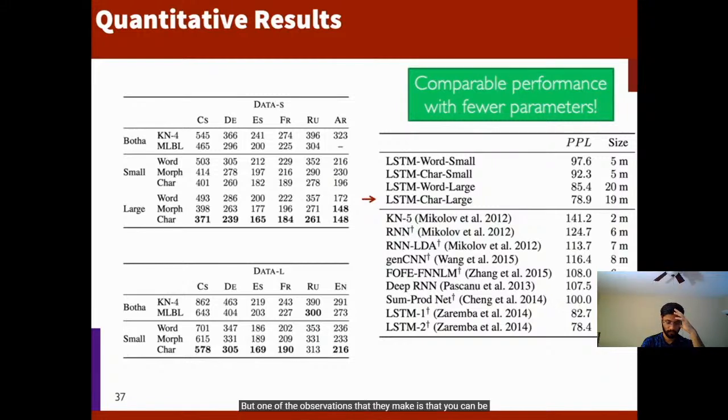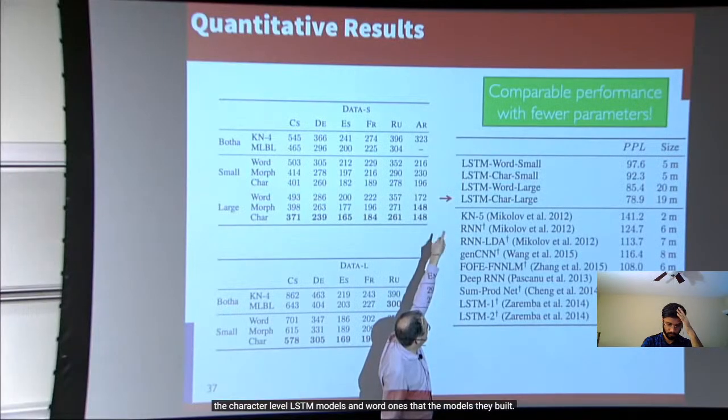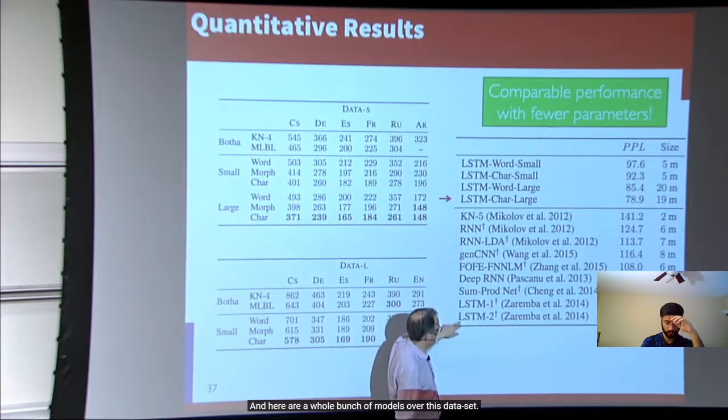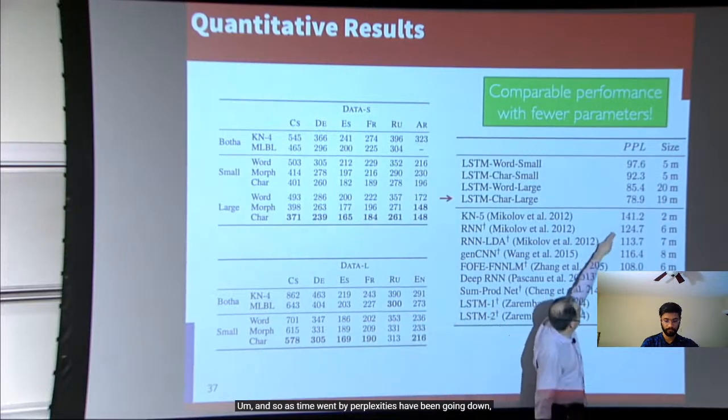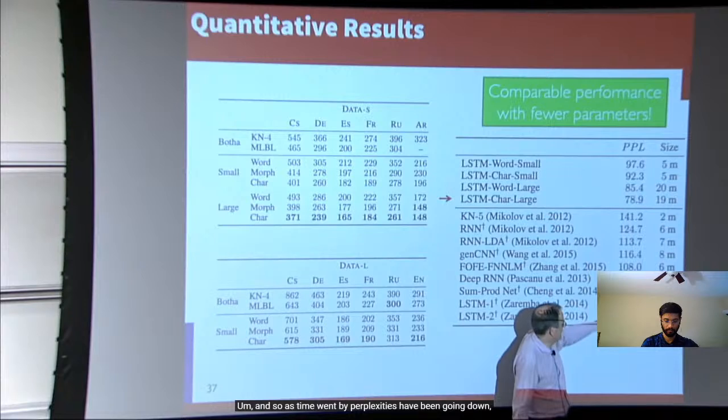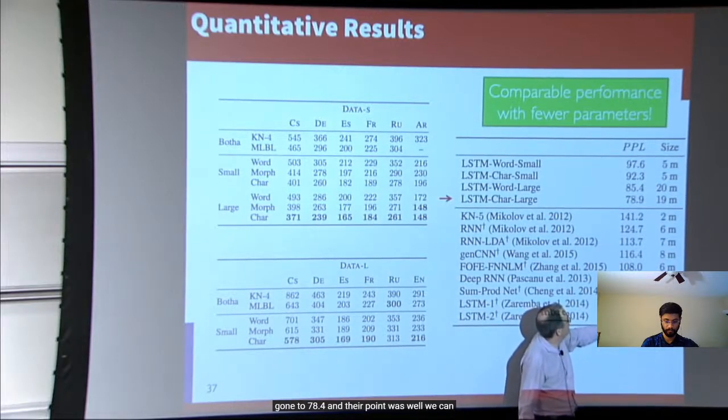But one of the observations that they make is that you can be getting as good results but with much smaller models. So up the top here are their character level LSTM models and word ones, and here are a whole bunch of models over this data set. As time went by, perplexities have been going down, gone to 78.4.